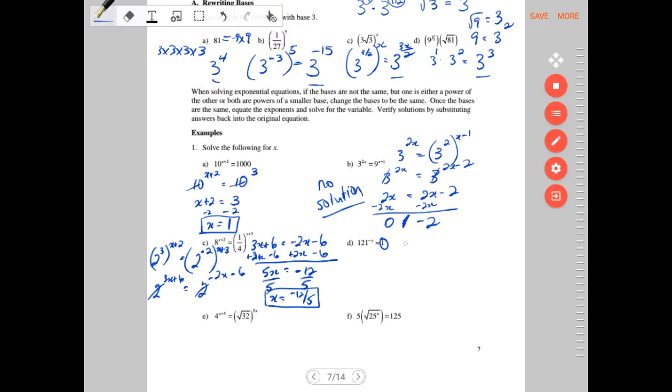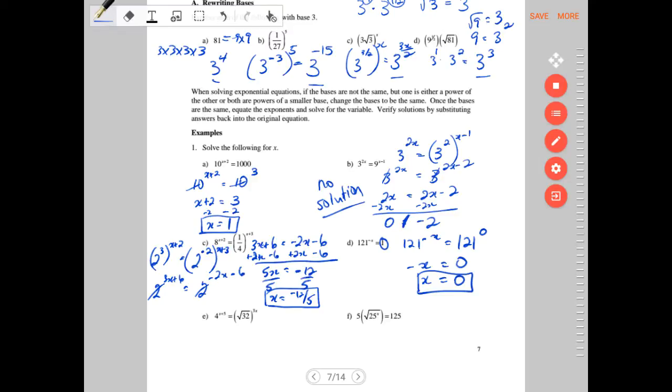So we can rewrite this as 121 to the negative x equals 121 to the 0. Okay, now my bases are the same, so I can say negative x equals 0, and divide by negative 1, x still equals 0. You can check again by substituting in: 121 to the negative 0 is the same as 121 to the 0, which is equal to 1.